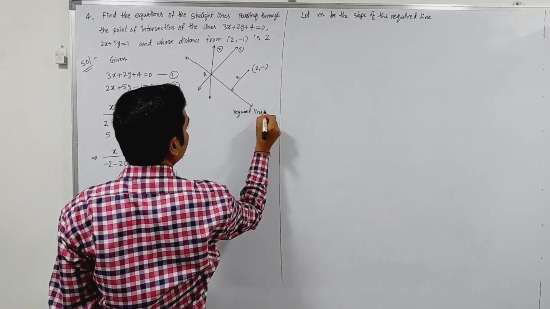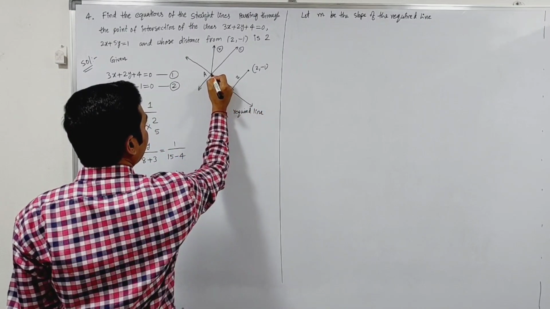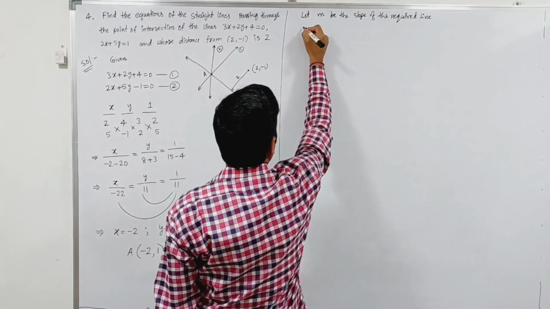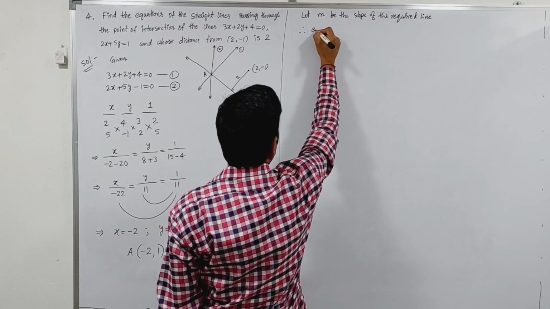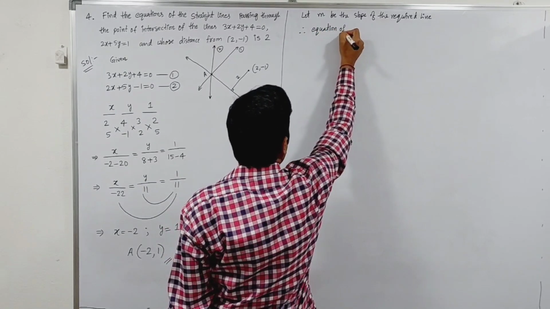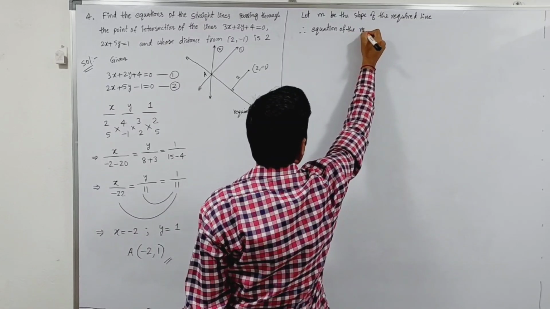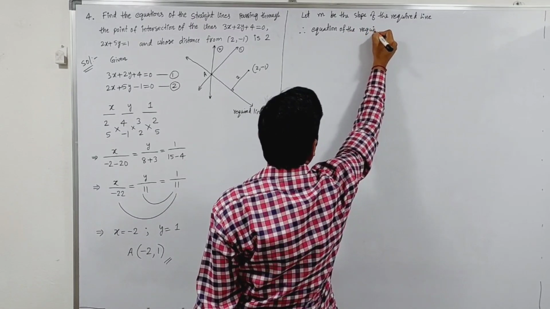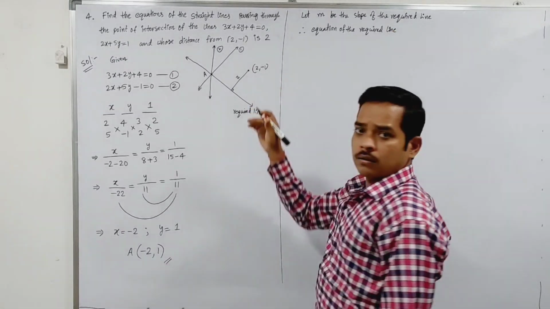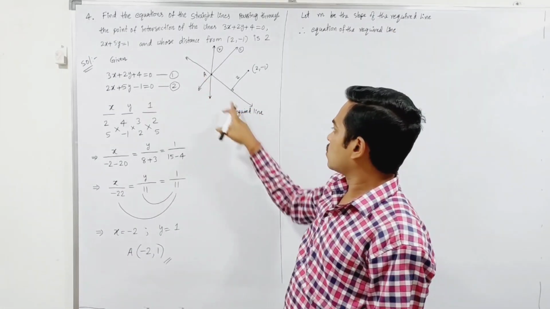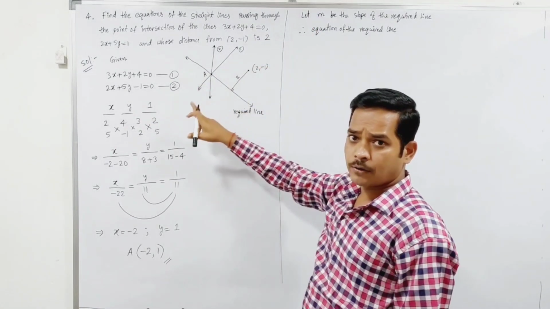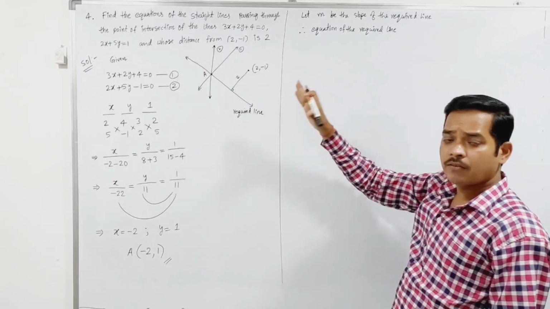This required line is passing through point A and having slope M. What is the equation of the required line? Here we know slope M and point A, so by using the slope point form of a straight line.